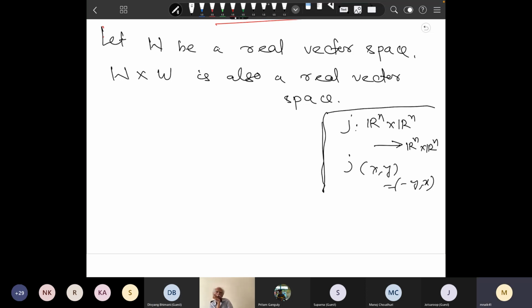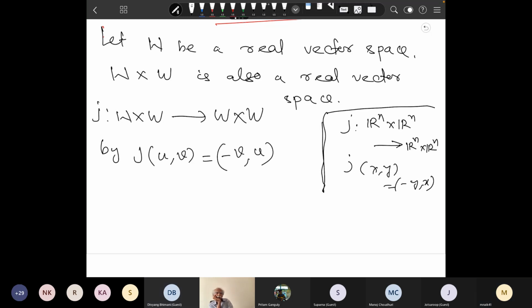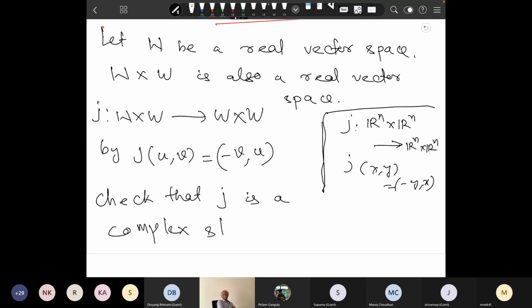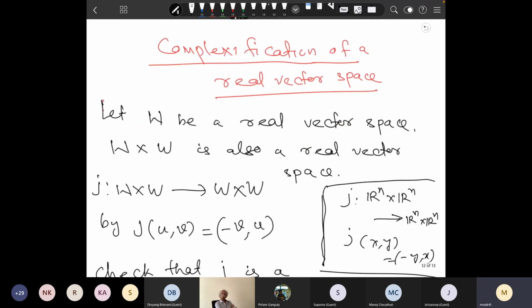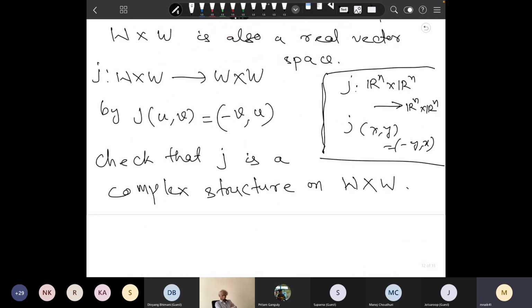I want to follow this idea, so I define J from W cross W to W cross W by J of (u,v) equal to (-v,u). Check that J is a complex structure on W cross W.